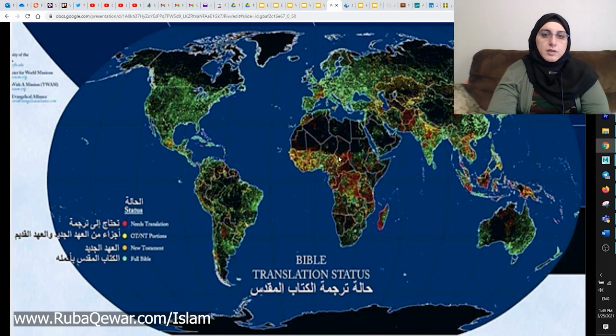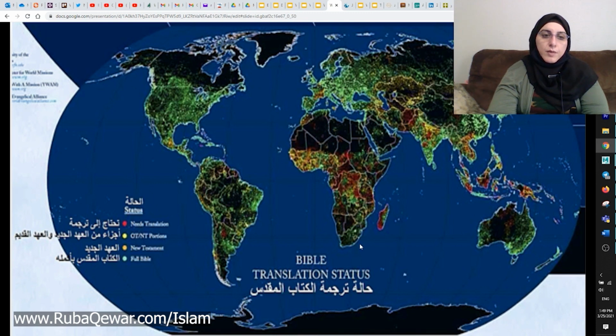You see that the red color means that the Bible needs to be translated, that we don't have any resources of the Bible. That means the evangelicals have not reached them yet. The yellow means that we have some pieces and some prints of the Christian message, but not the whole Bible, not all the verses.